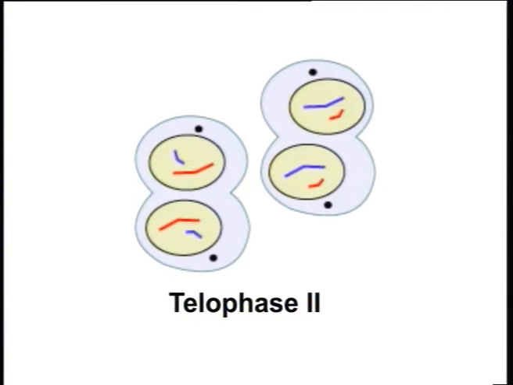The process ends with telophase II, which is similar to telophase I and is marked by uncoiling and lengthening of the chromosomes and the disappearance of the spindle.